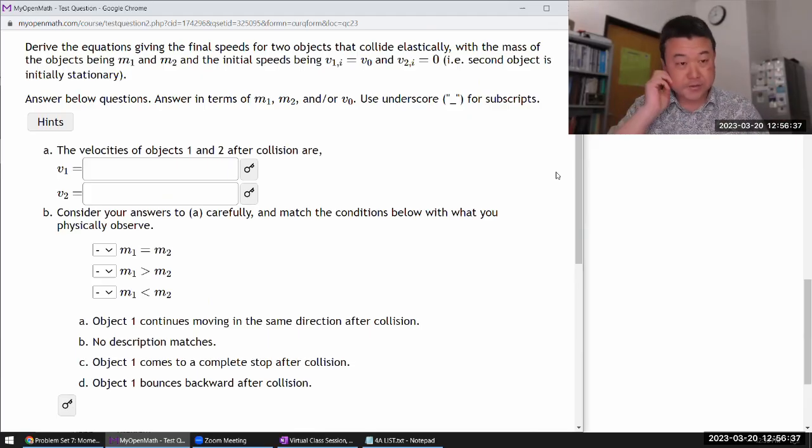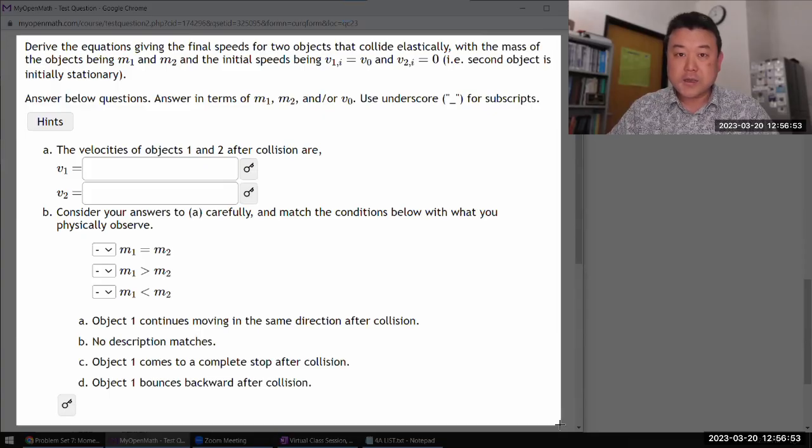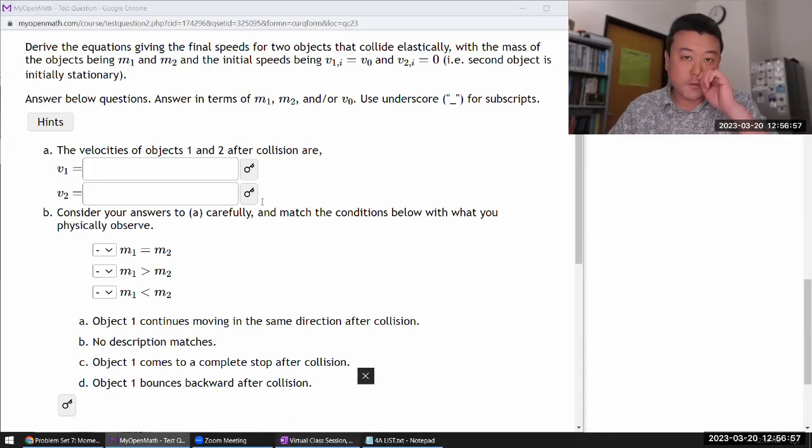So this is the question. It says derive the equations giving the final speeds for two objects that collide elastically, with the masses of the objects being this, speeds being this. I'm going to do this really quickly using a shortcut, and I'll leave it up to your judgment whether to use this shortcut or not.